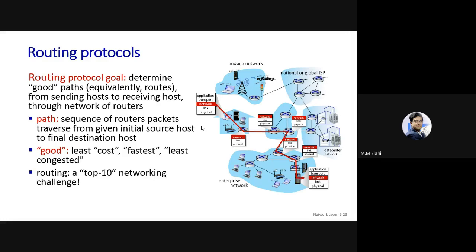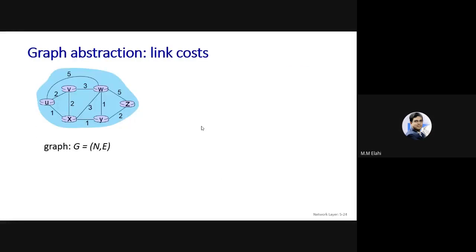And it is also a top 10 networking challenge still, with the development of different types of networks. Now, how can we see a routing protocol? For example, there is a city, Dhaka city. There are different places, right? And there are different roads connecting those places.